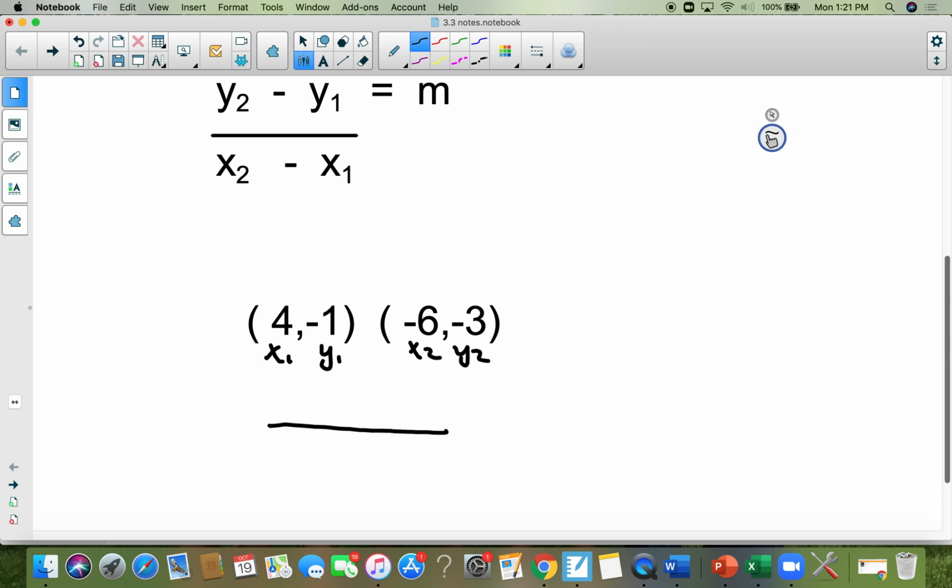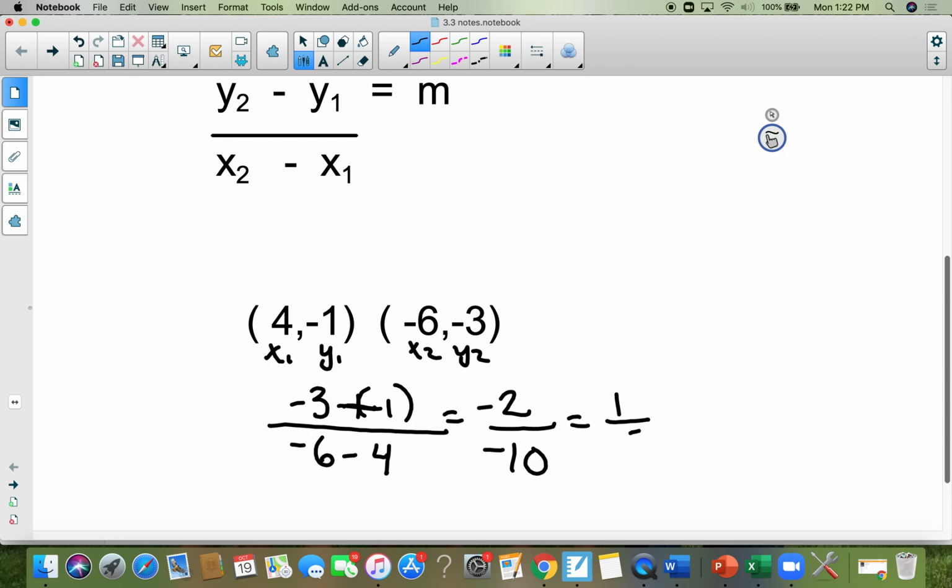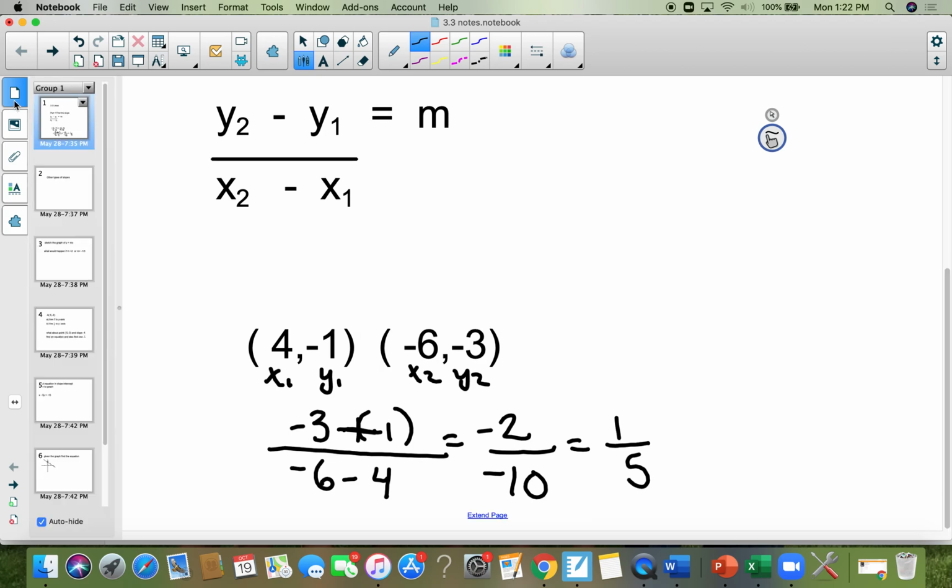To find the slope of a line, you take the second y, which is a -3, and subtract it from the first y. You take the second x and subtract it from the first x. This ends up being a positive. A -3 plus 1 is a -2. A -6 minus 4 is a -10, which simplifies to a slope of 1 divided by 5. So that's how you find the slope given 2 points.